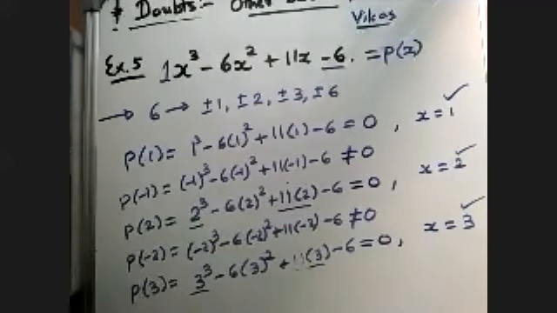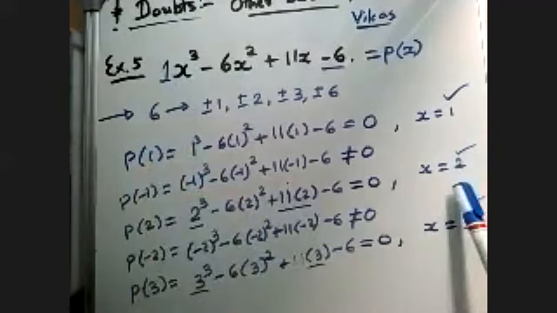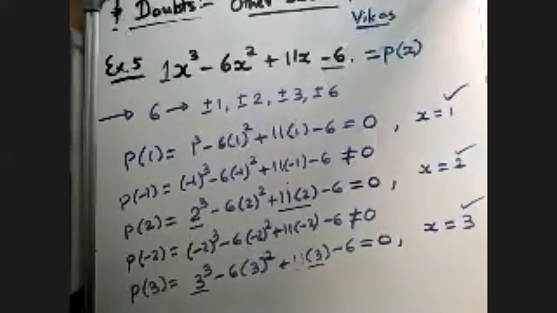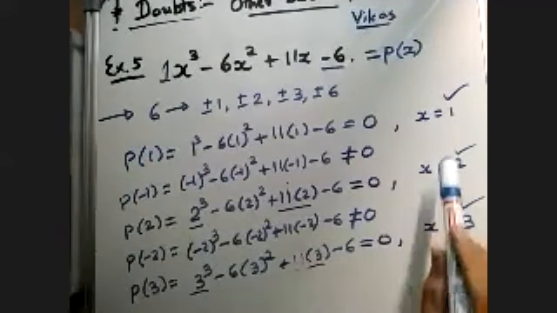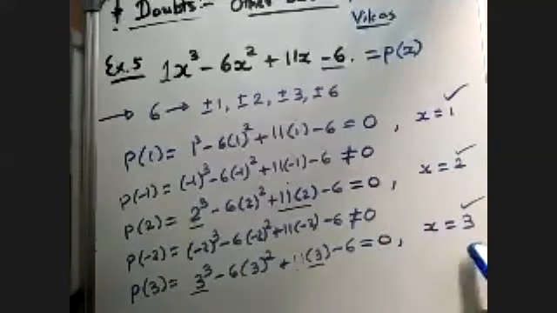Now, if I answer your question here, Yashash, you are asking what we should do after we get 3 factors of a polynomial. If the degree is 3 and they are asking only roots, then our question is completed over here. If they are asking the polynomial, then the first factor will be x minus 1, second factor will be x minus 2, third factor will be x minus 3.